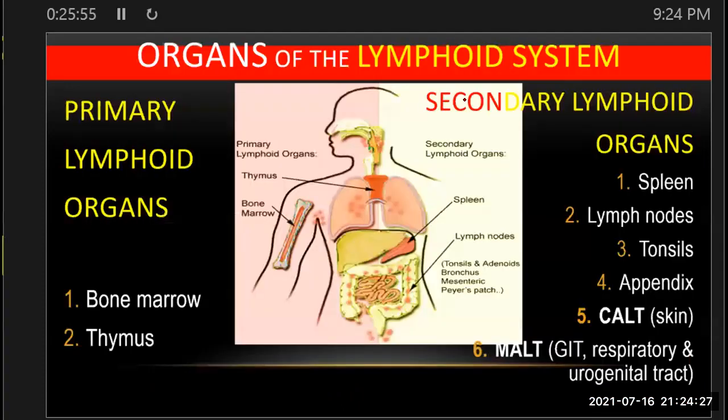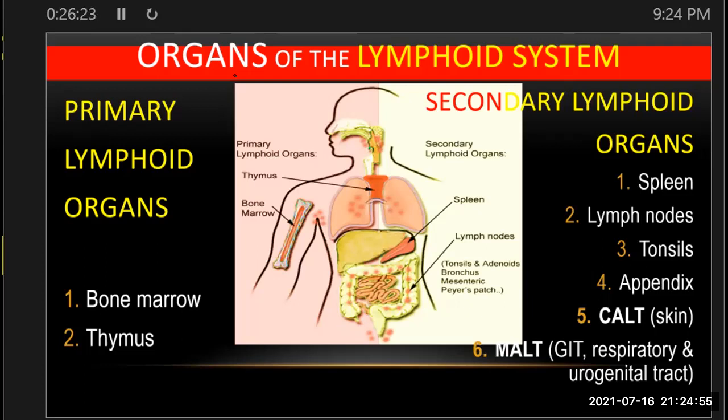So that's it. Next, we will be discussing the organs of the lymphoid system, divided largely into two: the primary lymphoid organs and the secondary lymphoid organs. Primary lymphoid organs are also known as generative organs, while the secondary lymphoid organs are known as peripheral lymphoid organs.